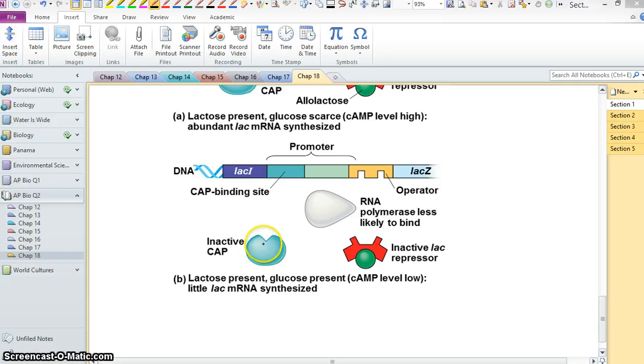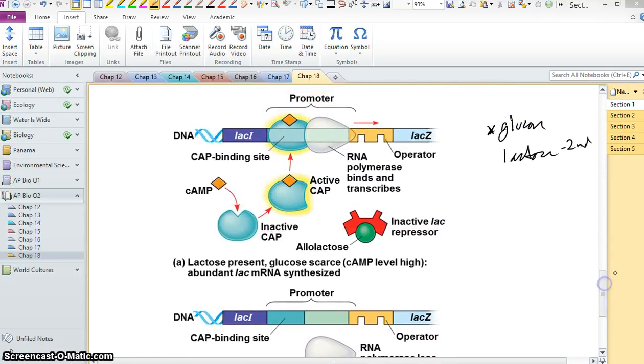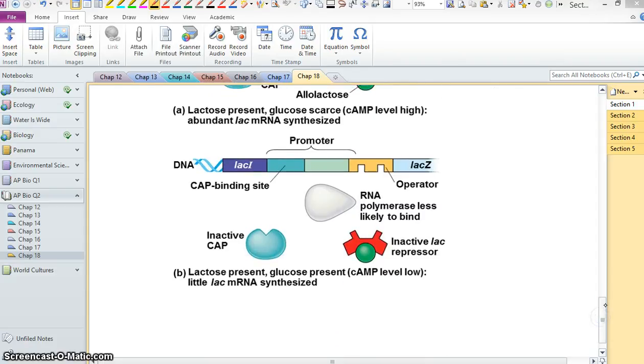And without the transcription factor to assist the polymerase, even if the operon is not being blocked, you will not transcribe those genes. Only if you have lactose present, the repressor is inactive, and you don't have glucose or you have very little, this transcription factor becomes active and helps polymerase to transcribe the genes. So this is sort of a second level of control that you can have as to whether genes will be transcribed.